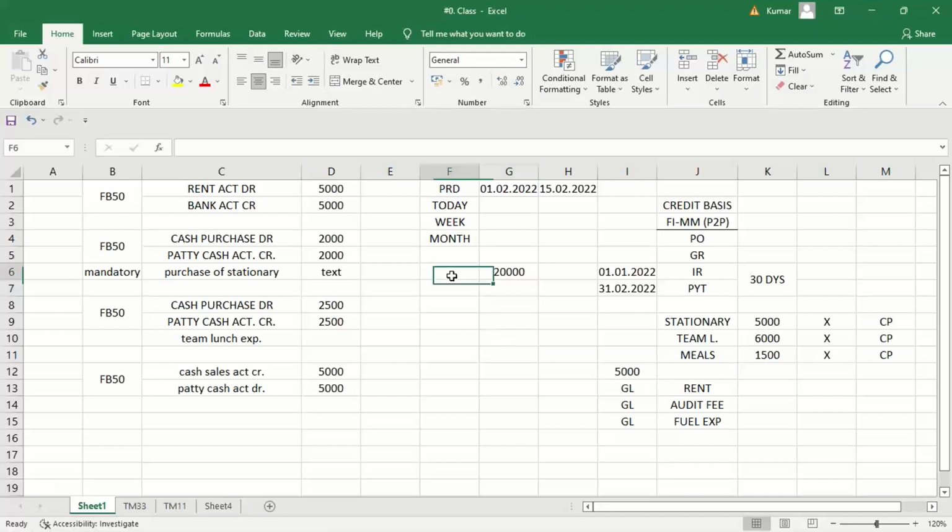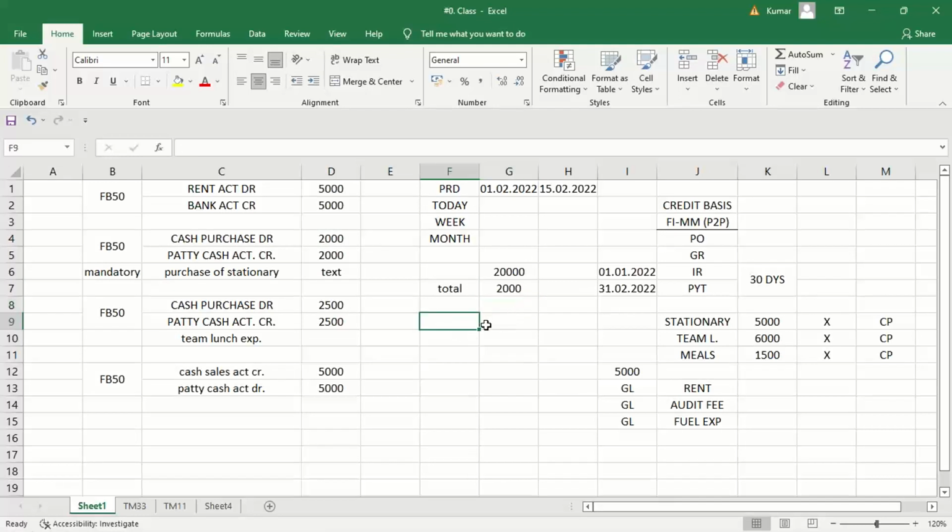Now, whenever any such transactions take place, like cash purchase of stationery, let's suppose the total transactions today, the interface, once you see the screen, will give more clarity. So cash purchase worth 4,000. First transaction worth 2,000, right?